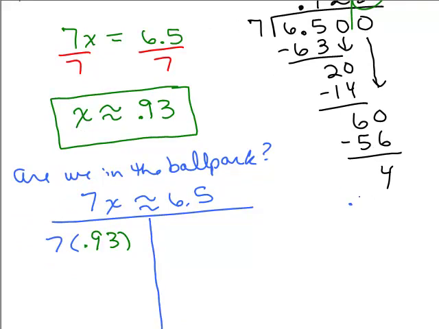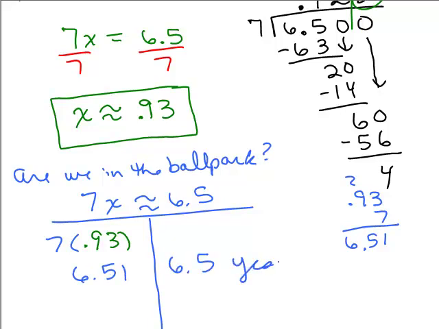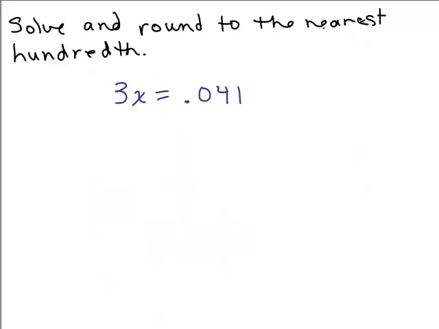What's 0.93 times 7? 7 times 3 is 21, 7 times 9 is 63, and that's 6.51. 6.51, is that close? Yes, we're in the ballpark. So it's not the same as checking an exact answer. This looks like a reasonable answer, and hopefully we rounded right. So we have x is approximately 0.93.